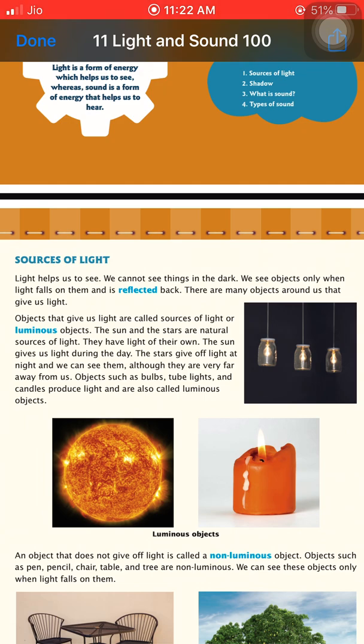For example, bulb, tube light, sun, stars. These are all sources of light, meaning they give us light. But the sun and stars are natural sources of light. The sun gives light during the daytime and stars give light at night time.